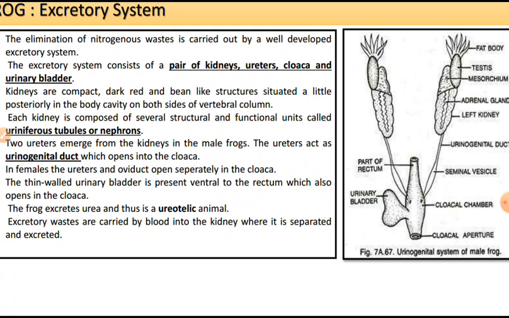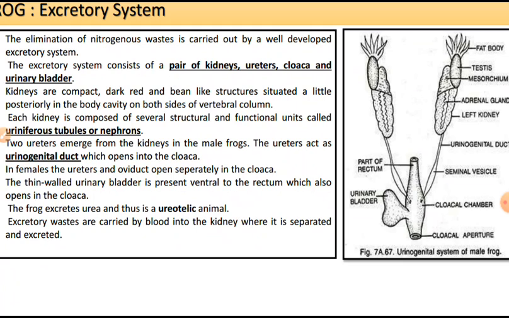Some urea and unnecessary salts are still present in the blood and are sent to the lumen of the uriniferous tubules. This process is called tubular secretion. Then what happens after reabsorption? A finally concentrated fluid consisting of some water, urea and some unnecessary salts is collected in the uriniferous tubules, and it is called urine.